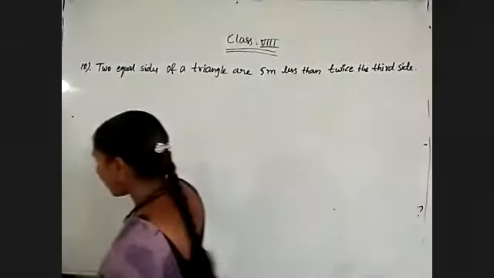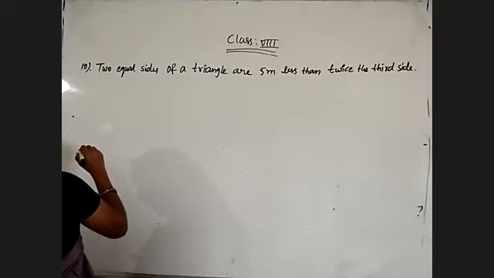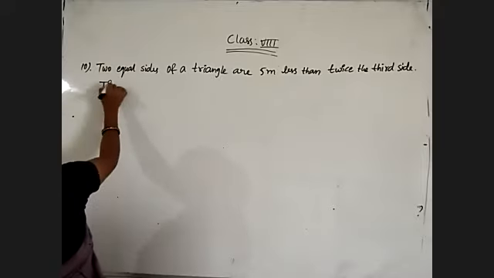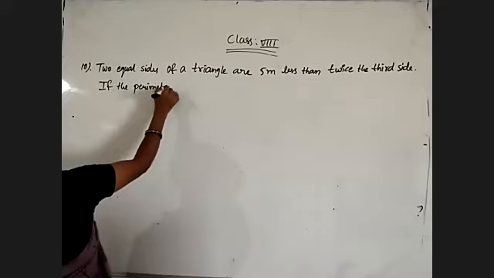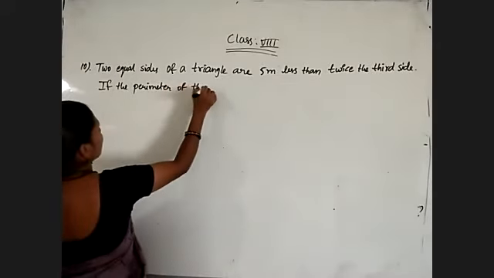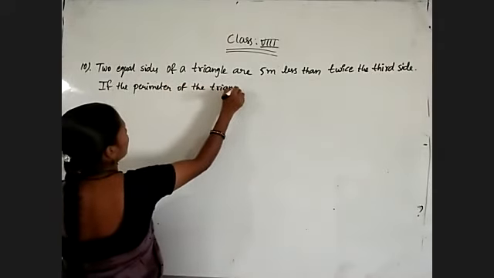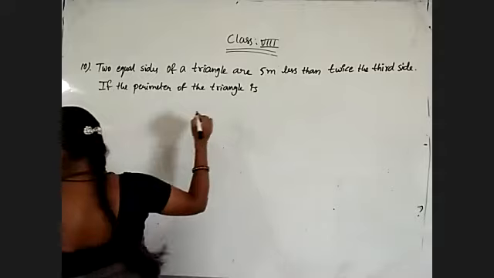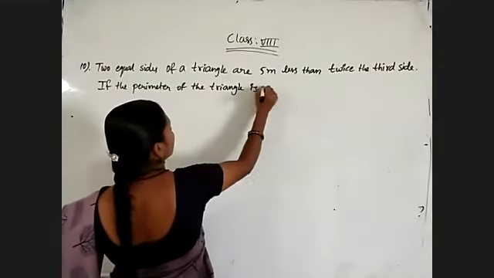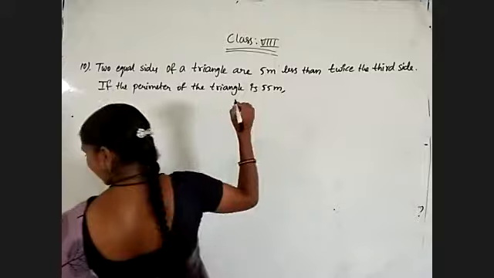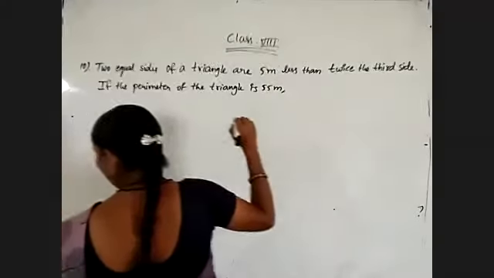Okay. So twice the third side. If the perimeter of the triangle is 55 meters, find the length of its sides.